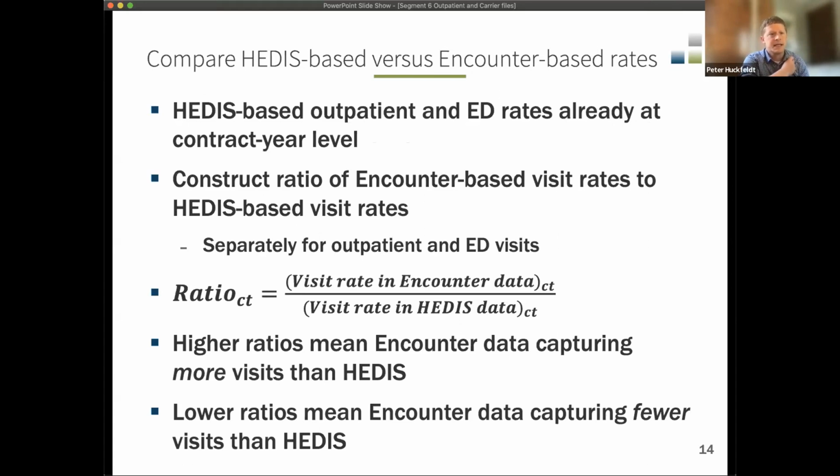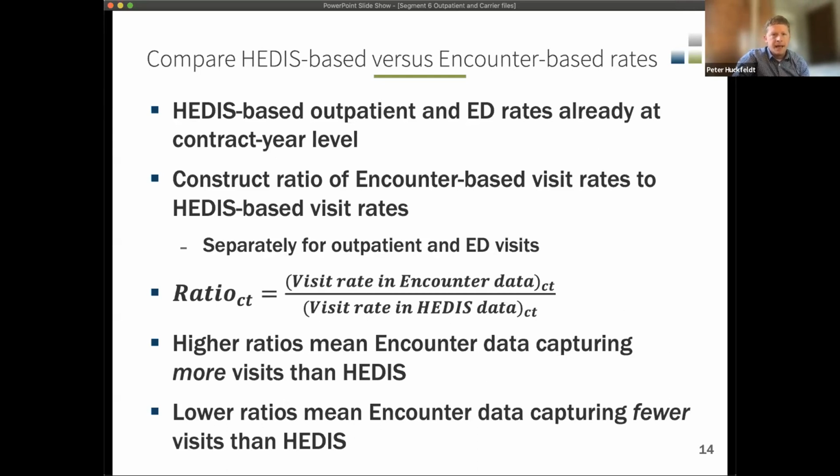We'll look at the ratio of the encounter-based rates to the HEDIS-based rates, separately for the outpatient and ED visit measures. A higher ratio means the encounter data is capturing more visits than the HEDIS data, and a lower ratio means it is capturing fewer visits than HEDIS.